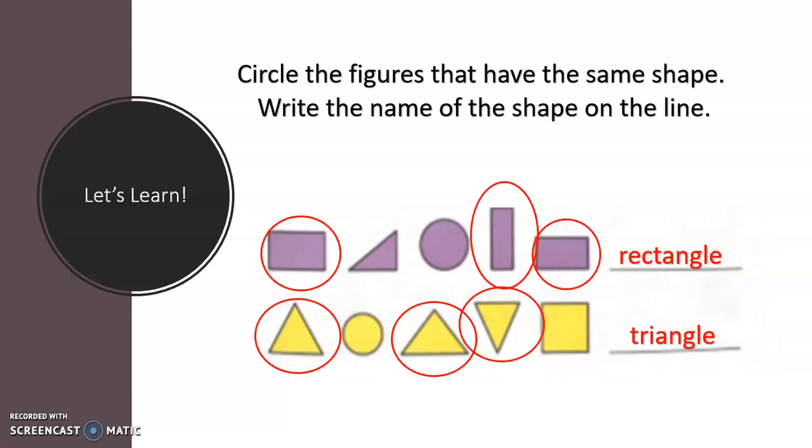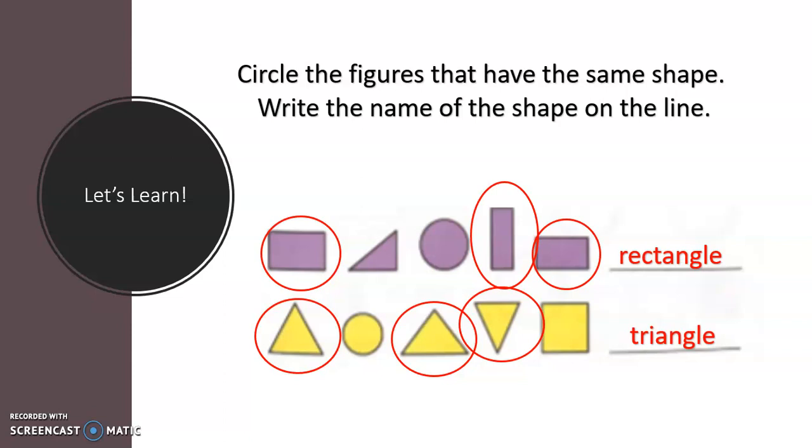All right, let's see what we have here. So in the purple shapes, we have circled the rectangles. Notice that all of the circled ones, the rectangles, are the same shape. We know they're the same shape because they have the same number of corners. Remember, we learned that last lesson. And the same number of sides.